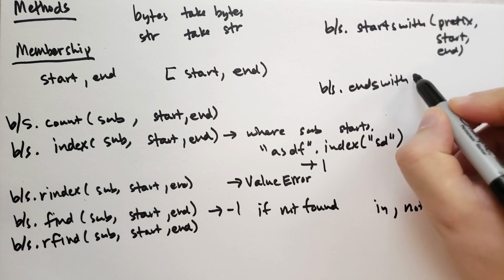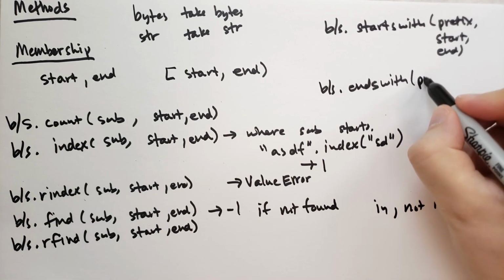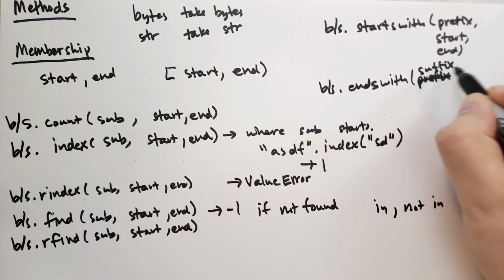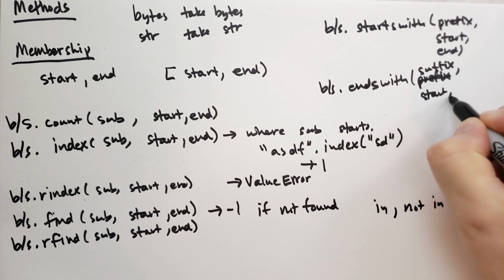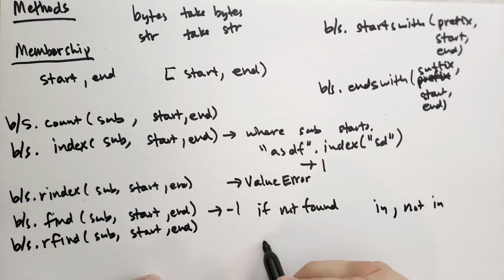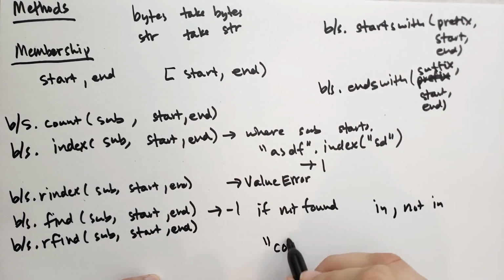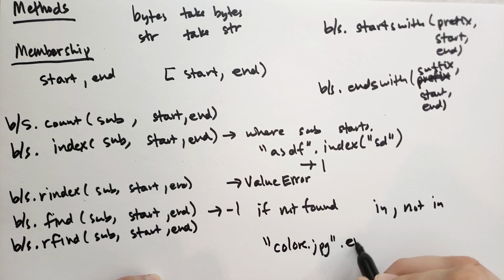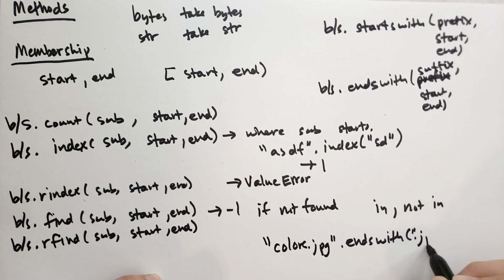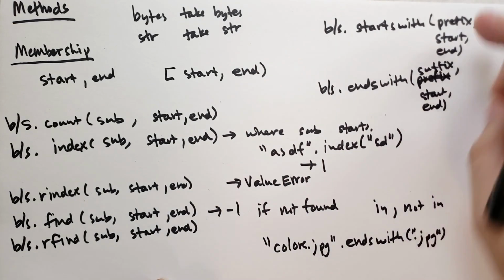I always have to look them up because I forget how to spell them exactly. Other languages have similar methods. This takes a suffix, start and end. Okay, here's an example. How do I use these guys? Well, you have some image like colors.jpg, and you might want to see if that ends with .jpg. Okay, and if it does, then it's true. If it doesn't, it's false. Very useful.